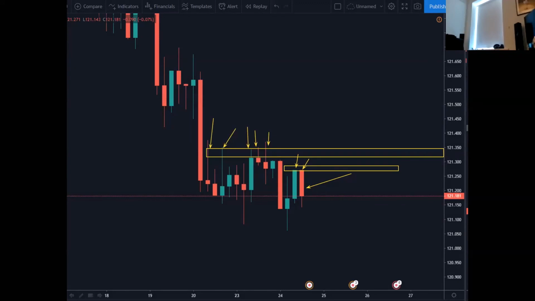So now when price is heading down, where will price go? Price will go to the next support, so the support is going to be maybe down by this area over here. Where's my square? Down over here. That's your support.